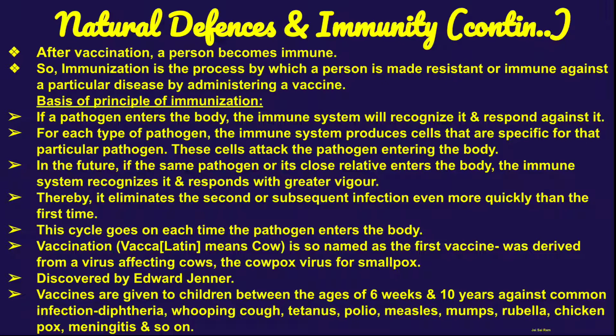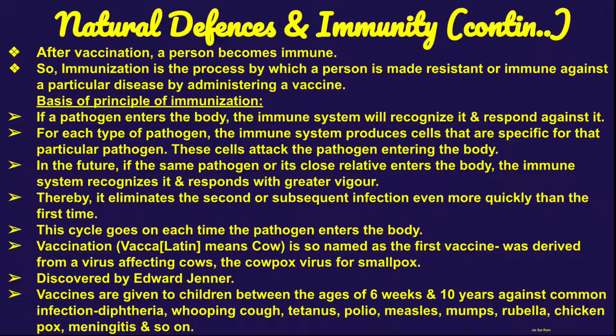Now in the future, if the same pathogen or its close relative enters the body, what happens? This antibody, this immune system which has developed inside the body of that healthy person, now recognizes that pathogen and responds with great vigor.